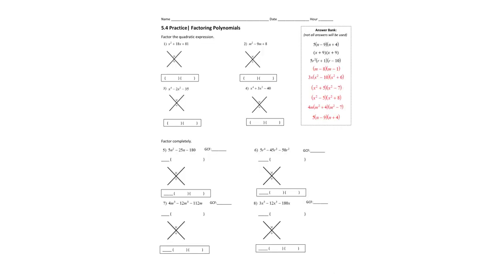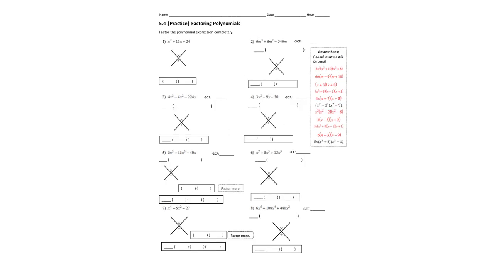And then there are 2 practice assignments at the end. They have all the number of parentheses that you might need. They walk you through whether there's a GCF, and you have an answer bank, but you do not need to use all answers. And that is true for both sides. We will go over these last 2 worksheets on Monday, as well as answer any questions you may have about the notes that we have gone through today.